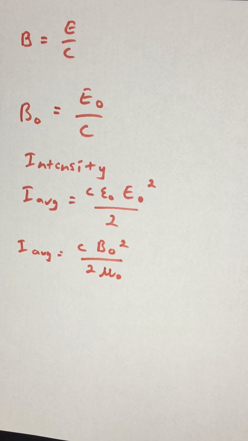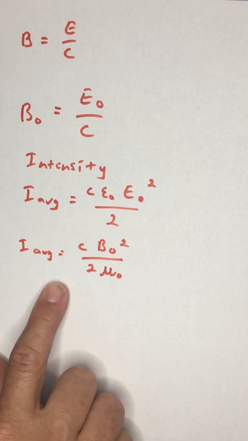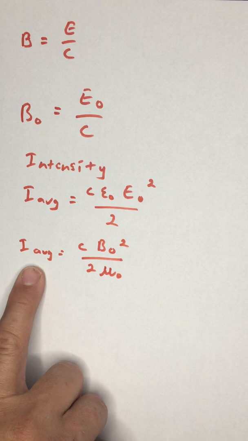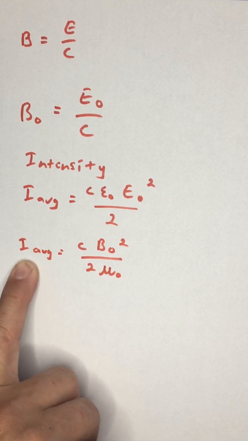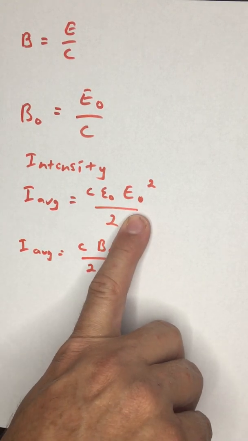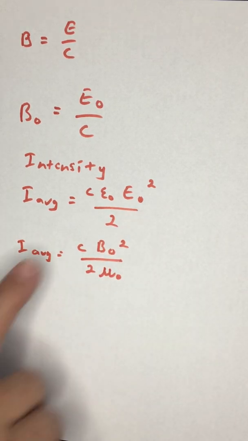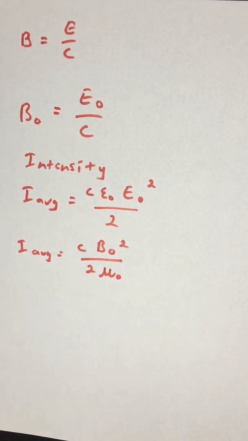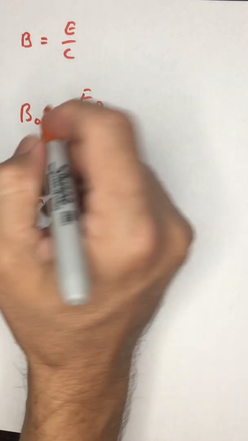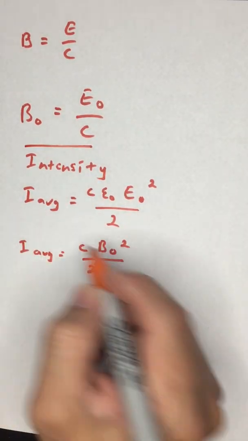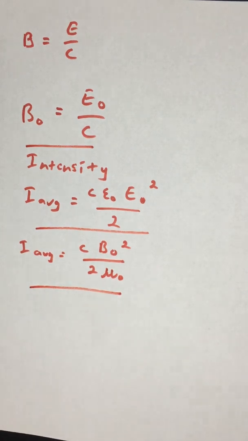They're complicated to think about, and there's definitely some complication to them, but the way we use them in this course really doesn't go much past this. Now, of course, you could be given an average intensity and asked to solve for the max E field in terms of that, and then asked to find the max B field in terms of that. But with these three equations, you really can handle anything that I am going to throw at you.